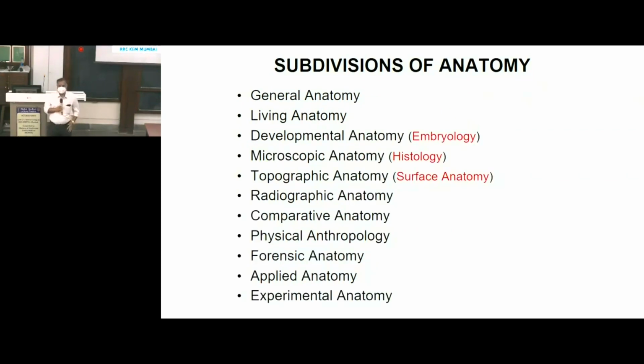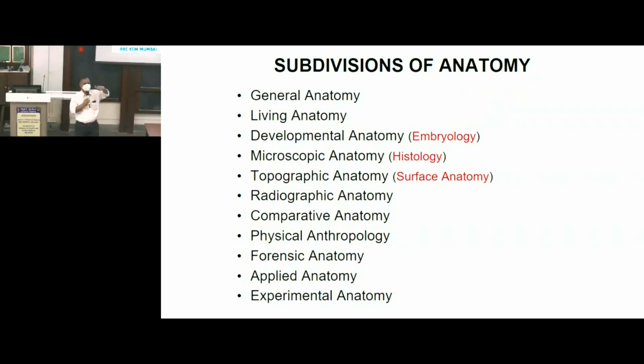Coming to other subdivisions of anatomy. That was the main subdivision, gross anatomy or cadaveric anatomy. There are other subdivisions of anatomy that we all will be learning through this year. The first one is general anatomy. When we are learning anatomical terms in this session, it's a part of the general anatomy.